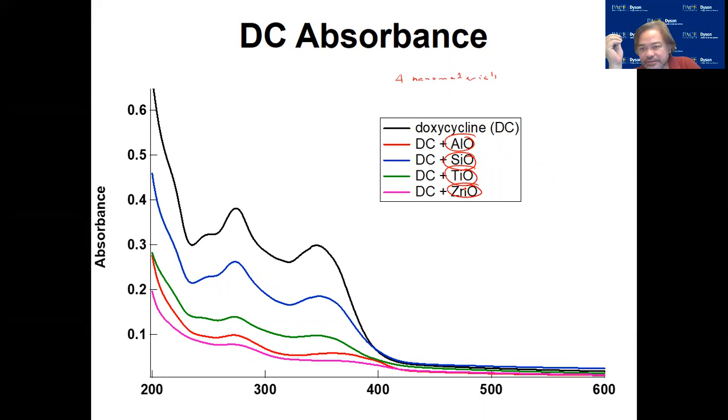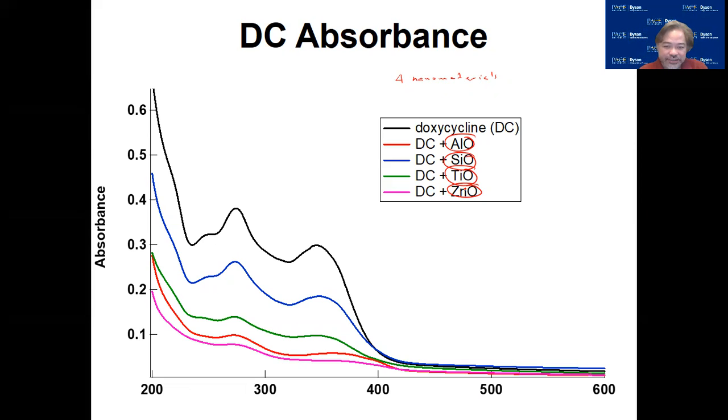So what we did, we compare the absorbance of the antibiotic solution with and without the nanomaterial. To make sure that we minimize errors, we prepare the same solution of antibiotics that we mix with the nanomaterials.